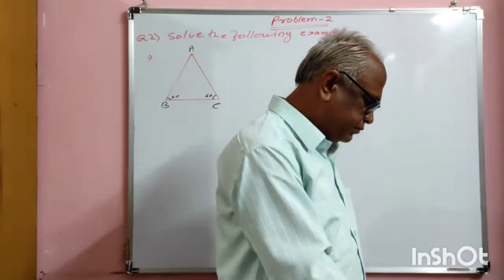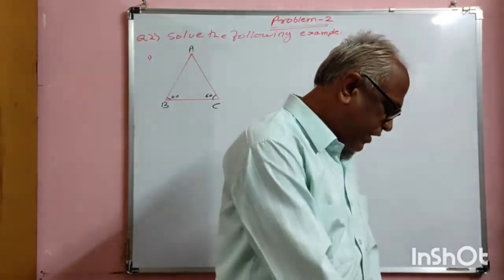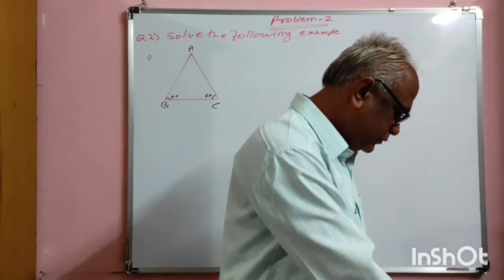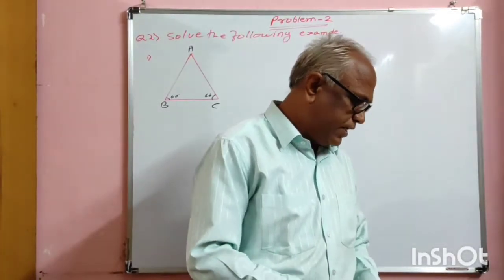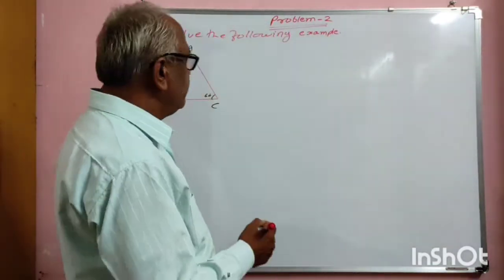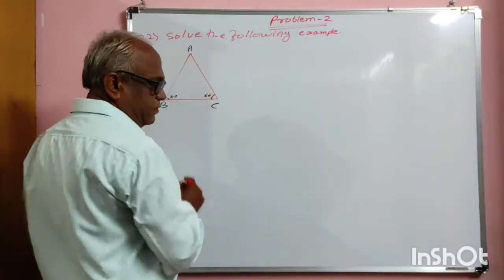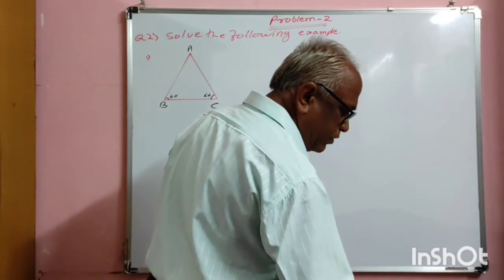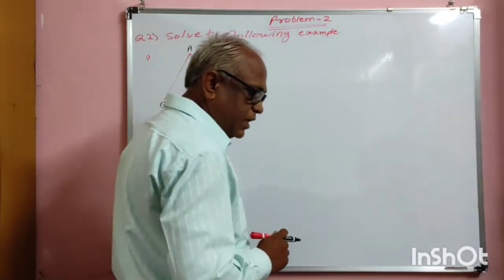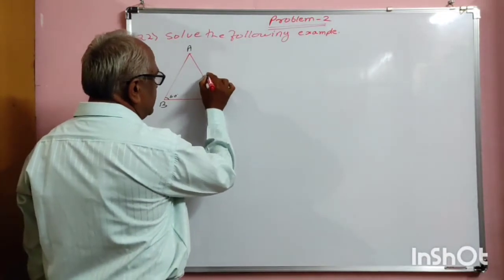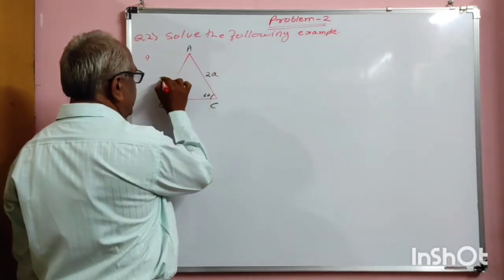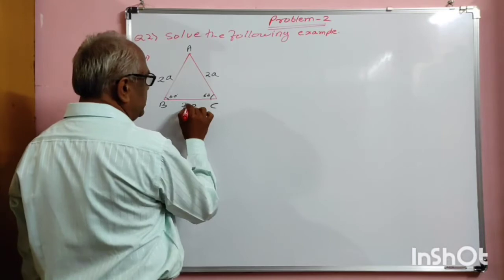In this first one, find the height of an equilateral triangle having side 2a. This triangle is an equilateral triangle, all the sides are equal.